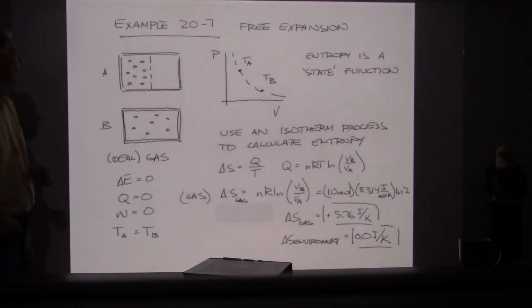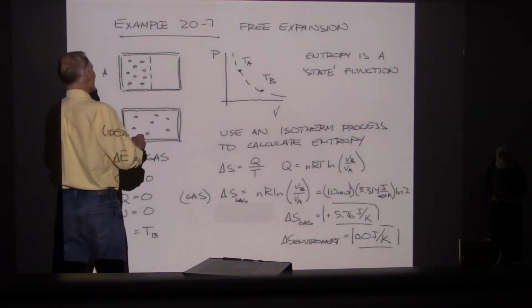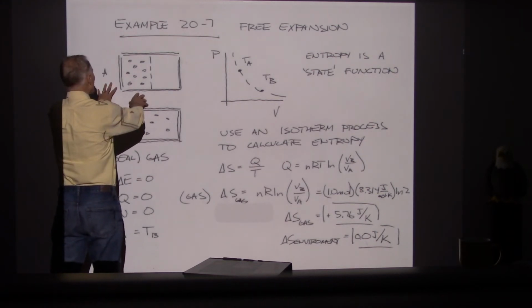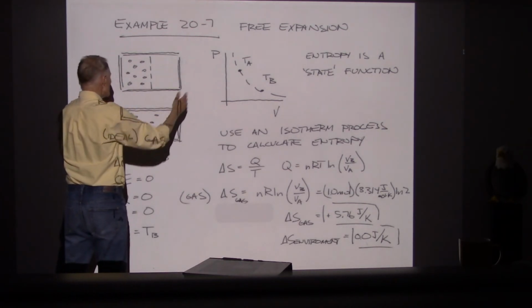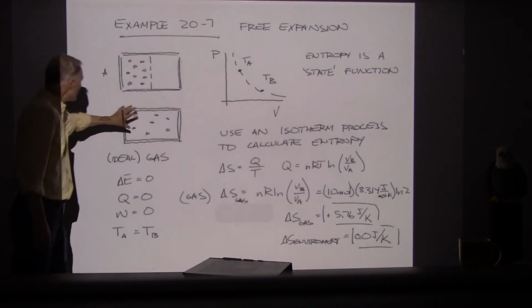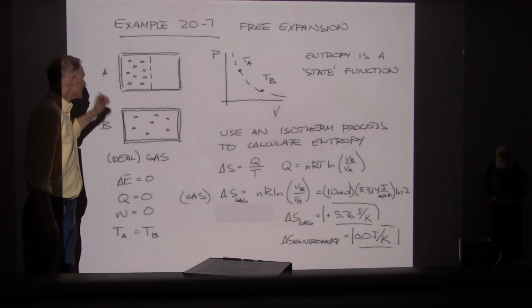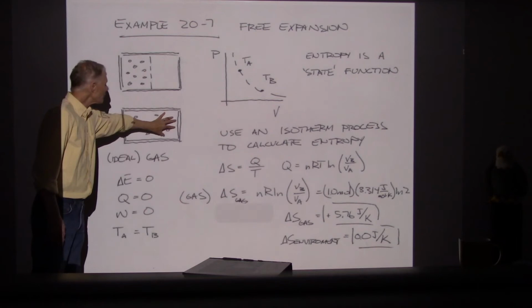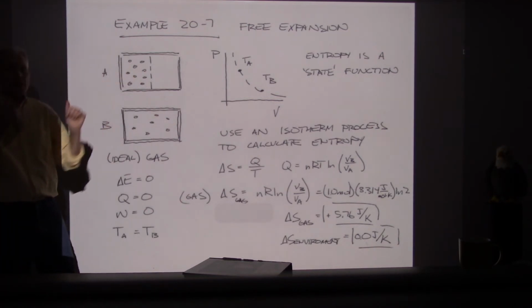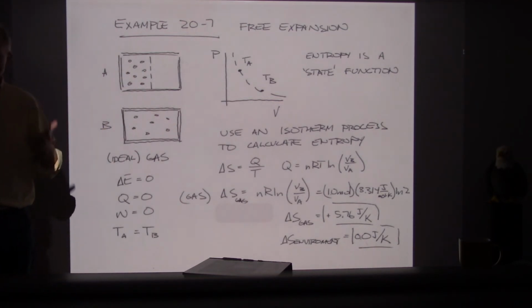Remember this one, the free expansion? Let's say these gas molecules are on this side of the room, and once we take the barrier down, this half of the room is like tossing a coin and having it come up heads. Having the molecule on the left side of the room is a 50% chance.